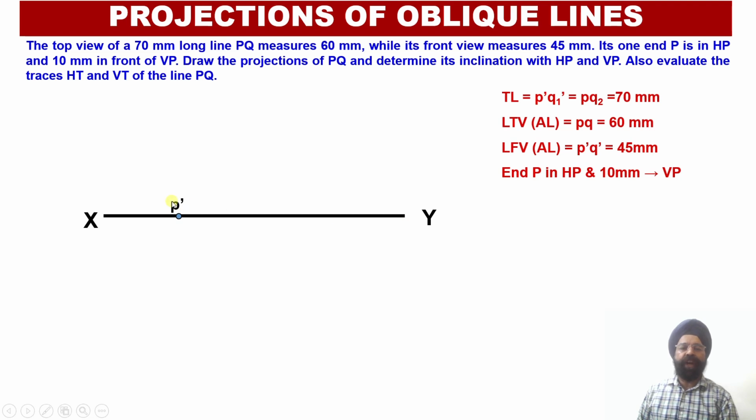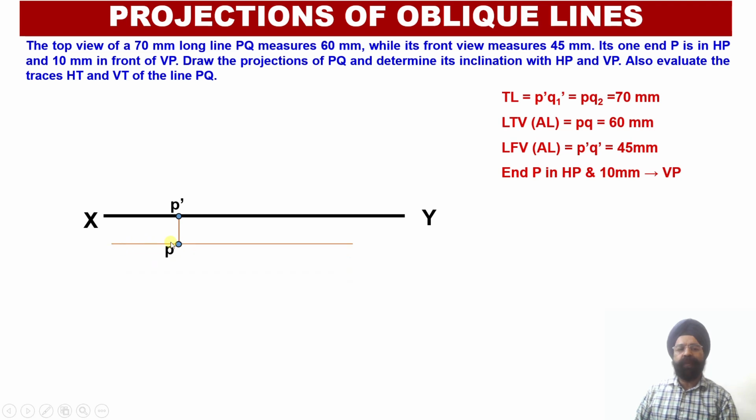The distance of point P dash from the XY reference line will be 0 because it is lying in the horizontal plane. Now we know that end P is lying 10 millimeter in front of VP. So we are going to mark this distance of 10 millimeter in front of VP below the XY reference line. So here we have point P located 10 millimeter below this point P dash.